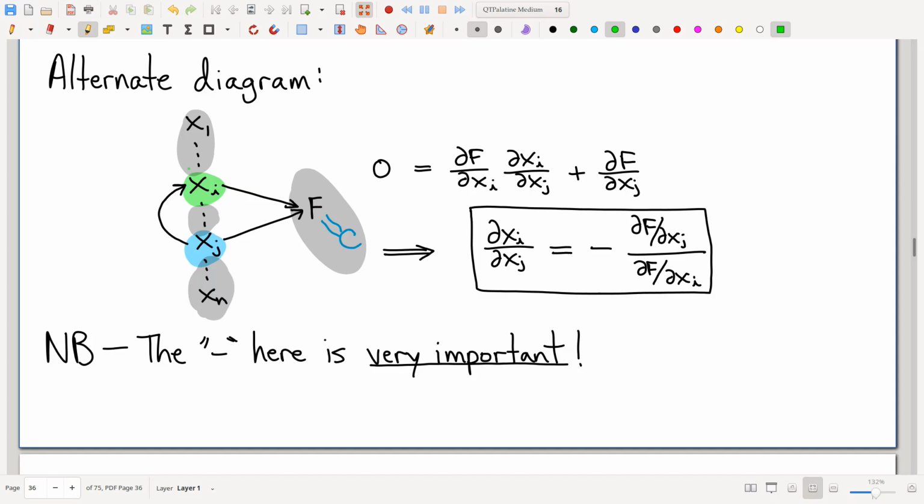F was a function of all these other variables, but I've set it equal to a constant. And now I've got this implicit function xi as a function of all these others, and I'm taking the partial with respect to xj. So there's a lot going on. It's a lot to keep track of, but that's a variable, that's a function, that's a constant at this point. Is that cool? Is everybody with me?